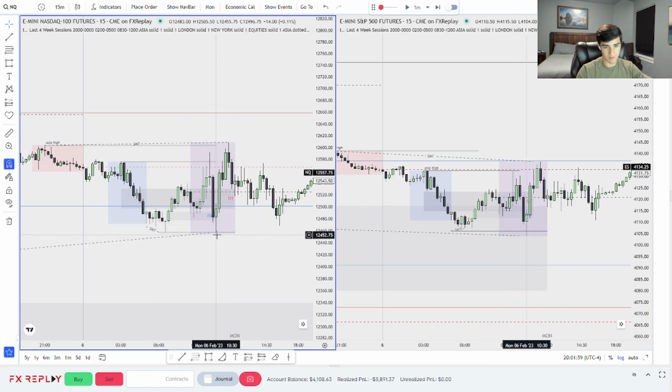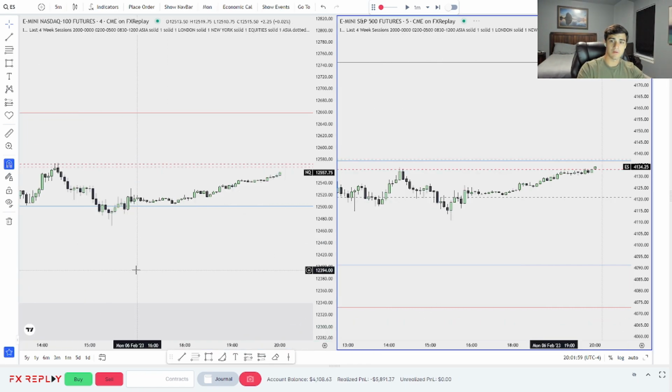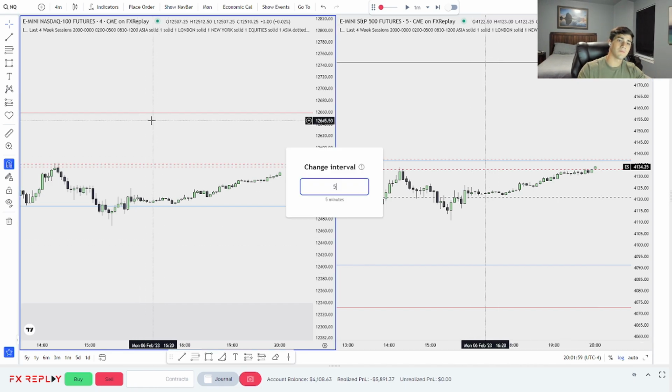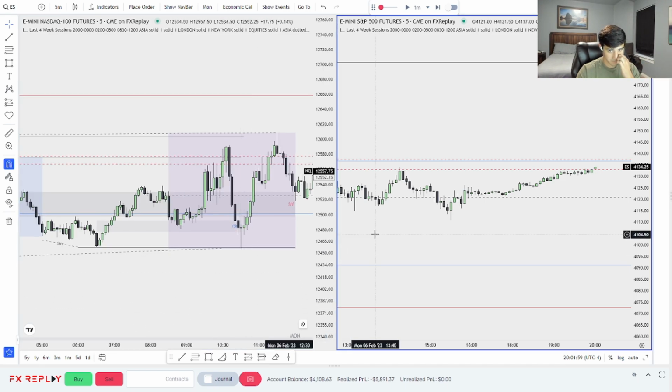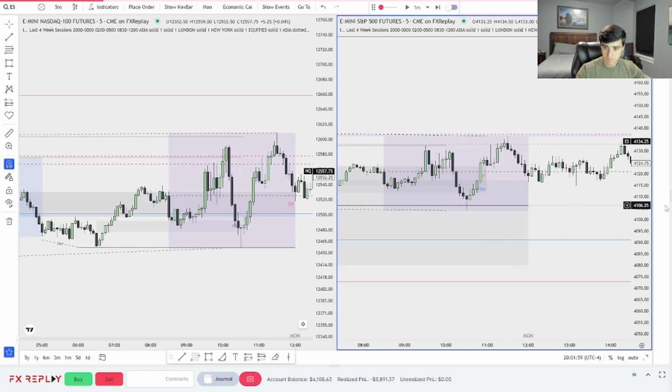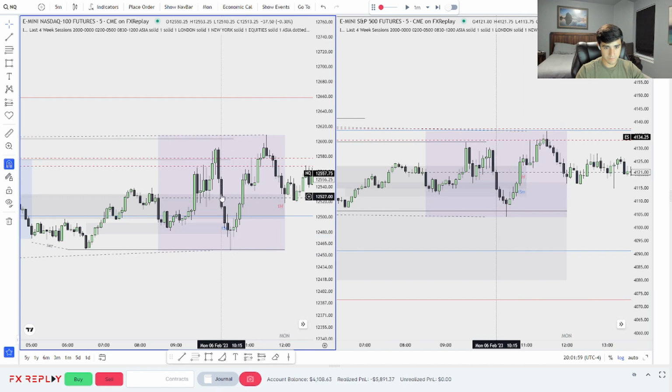This is a decent little move right here. This is a clear SMT right here, relative to this 930 high.